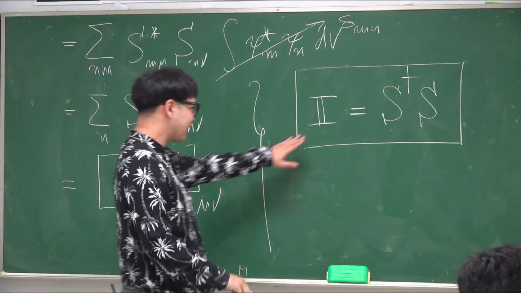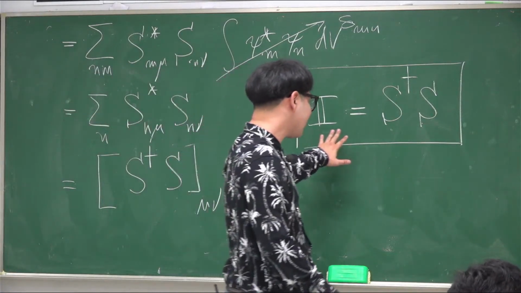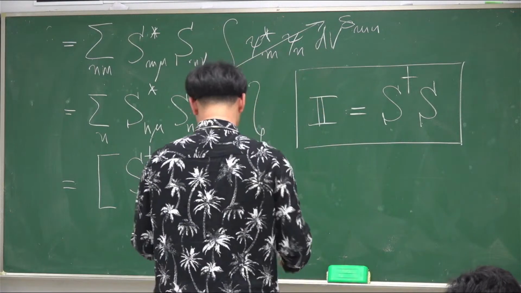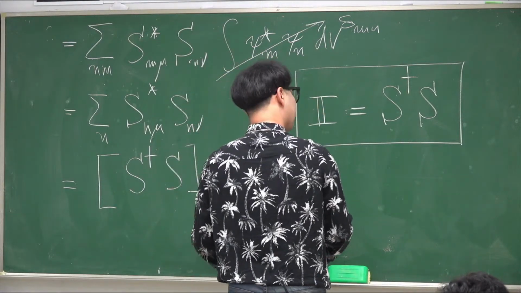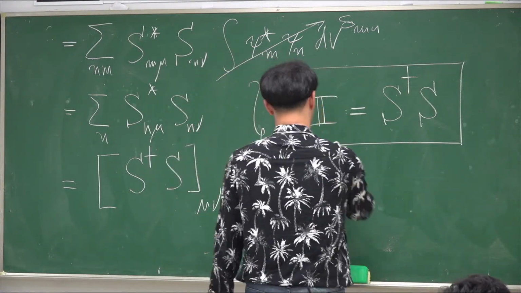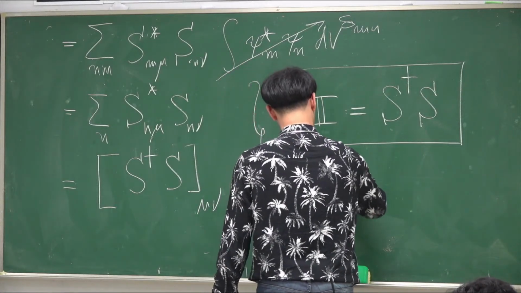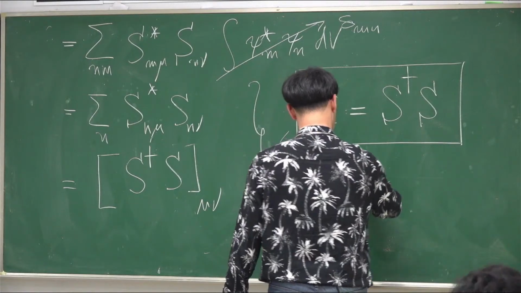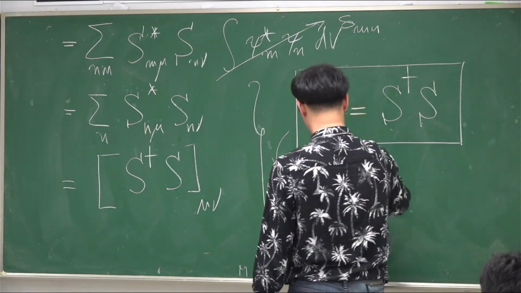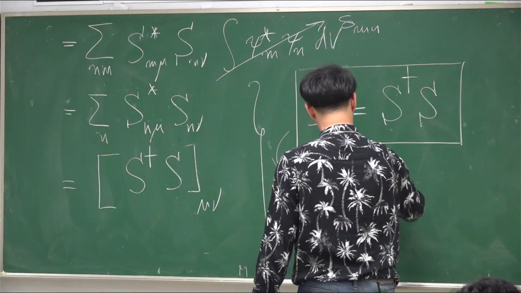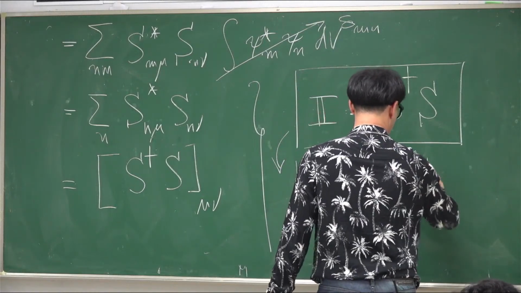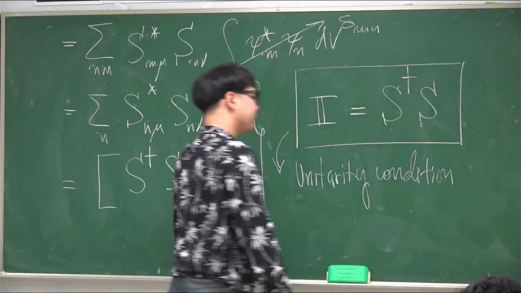And you get the identity matrix on this side, so you get this equation, which is actually this unitarity condition. Okay.